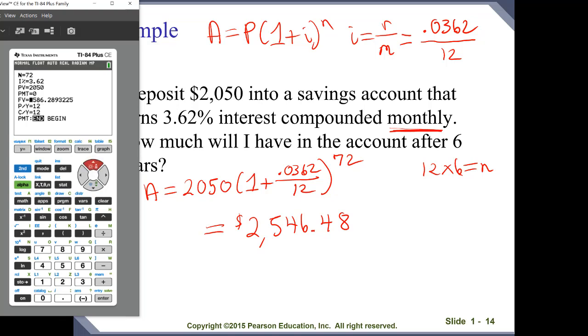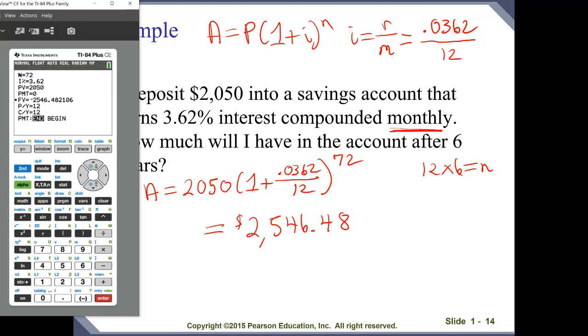And then again, I'm solving for A, and A is future value. A is the same as FV. So Alpha, Solve, and I get $2,546.48.